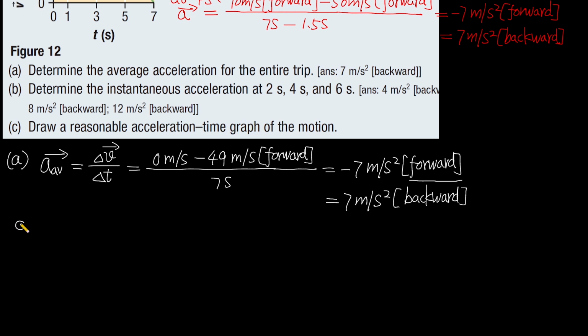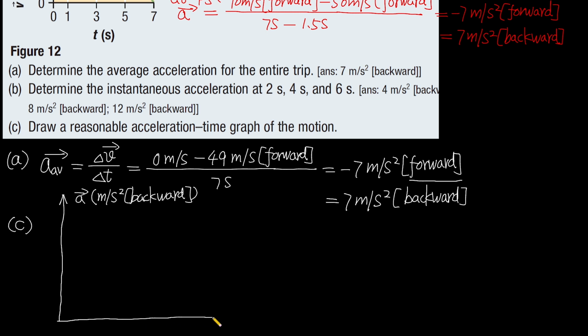So see, I draw the graph here. The vertical axis is the acceleration. And its unit is meters per second squared. Here is backward. And the horizontal axis is the time. Its unit is seconds.